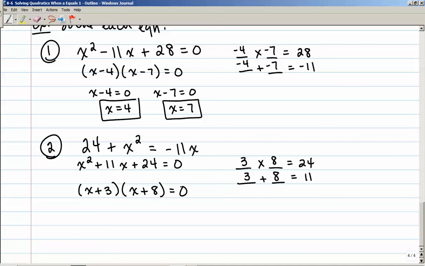And that equals 0. Using the zero product property, x plus 3 equals 0, x plus 8 equals 0, and solving each of those equations, x equals a negative 3, and x equals a negative 8.